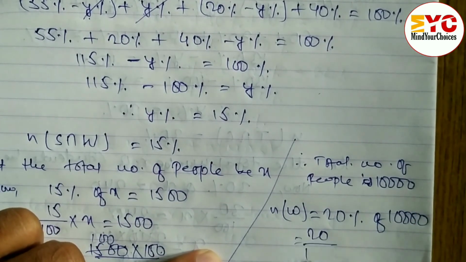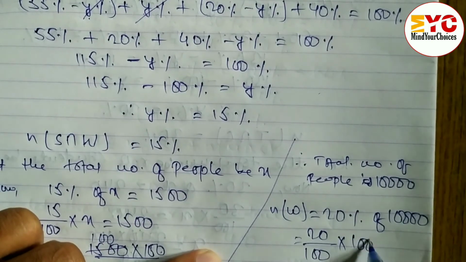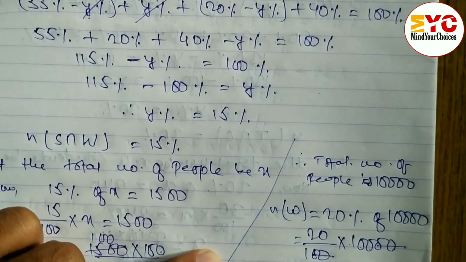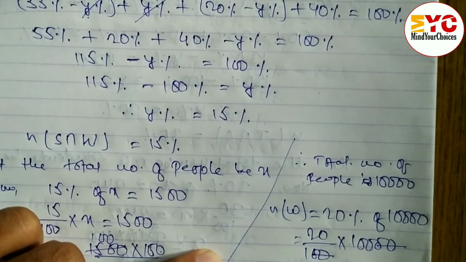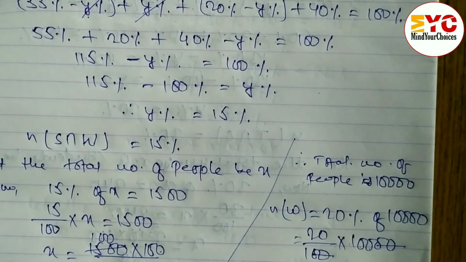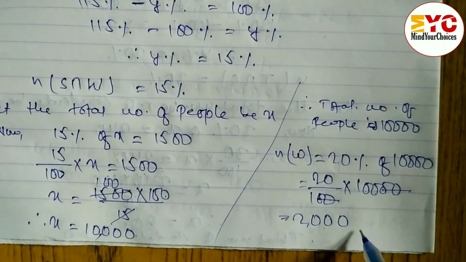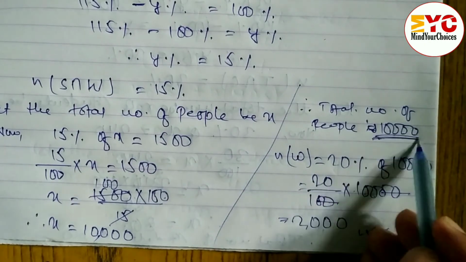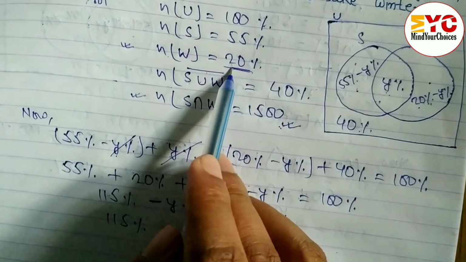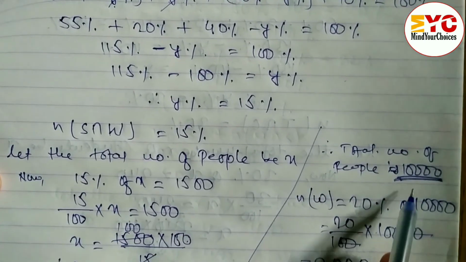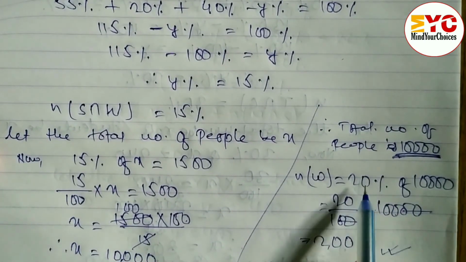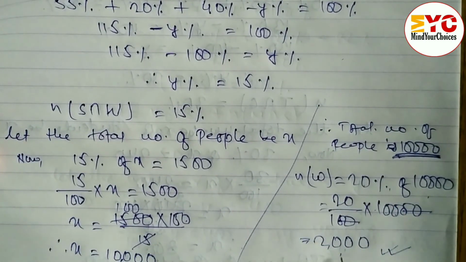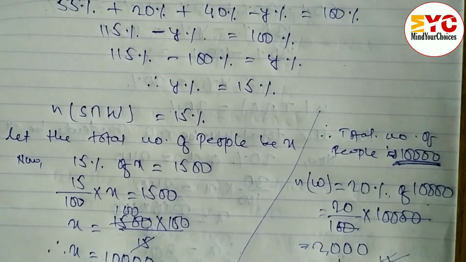So 20 by 100 into 10,000, 20 cancels, and we get 2000. So 2000 people like winter season. Always we do this: if 10,000 people are there and 20% like winter, then 20% of the total 10,000 gives 2000. It means 2000 people like winter season.